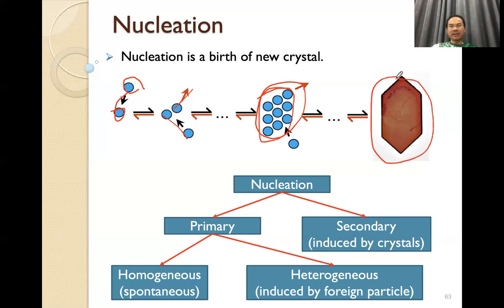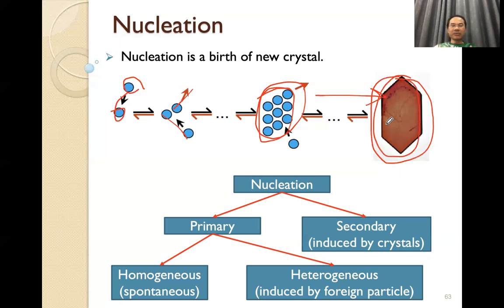This is nucleation, the generation of a new crystal. There is no crystal yet, only molecular vibration and movement. Some molecules move together, some move out, until a critical number of molecules move together, and then they convert to the crystal or solid form. We call this nucleation.